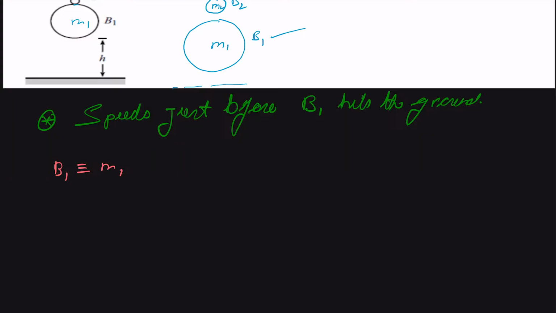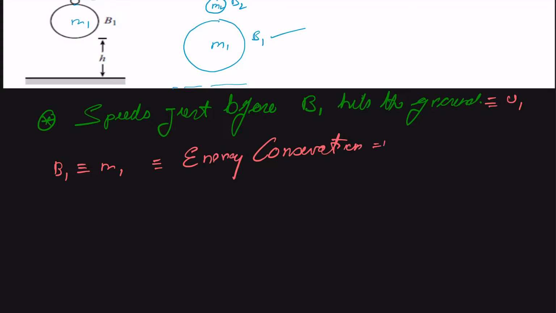So we can simply use energy conservation. Let us assume that just before it hits the ground, its speed is v1.